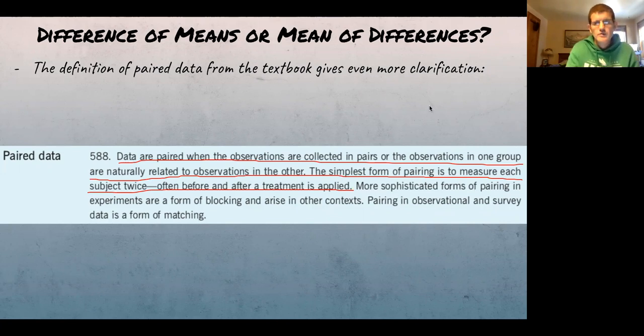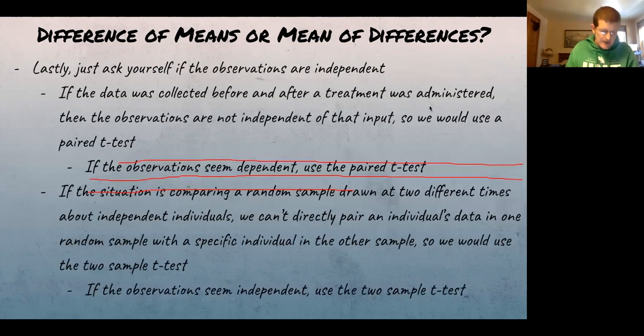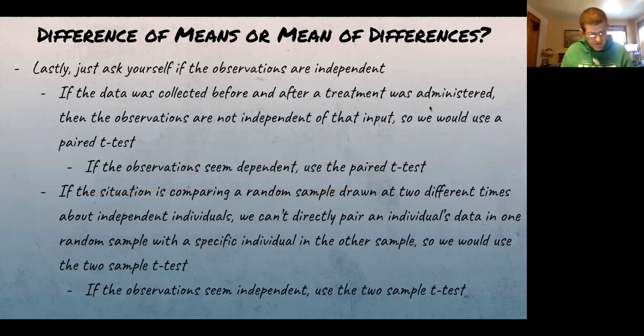Okay, so good there. And kind of the last thing to think about is just ask if the observations are independent of each other. So if data was collected before and after treatment, then they're not independent of each other, and therefore you would use the paired t-test.